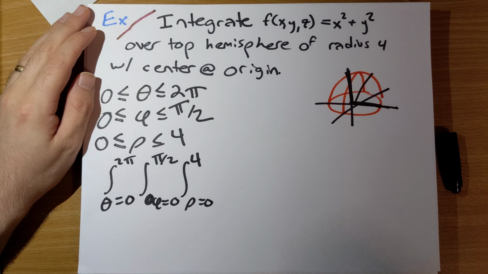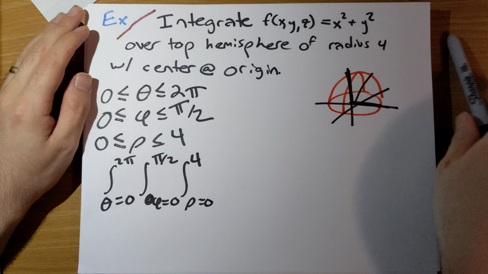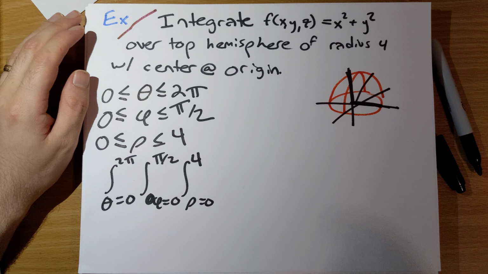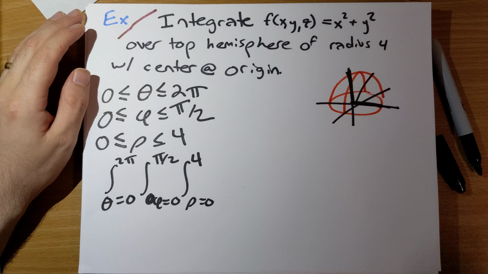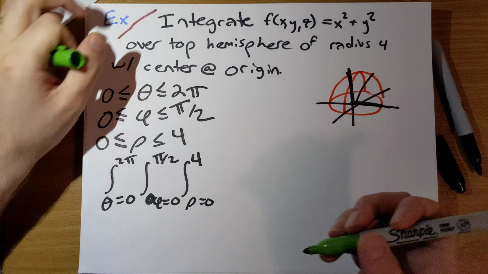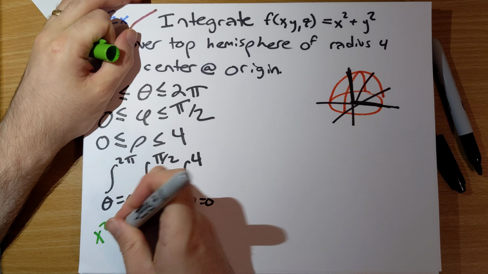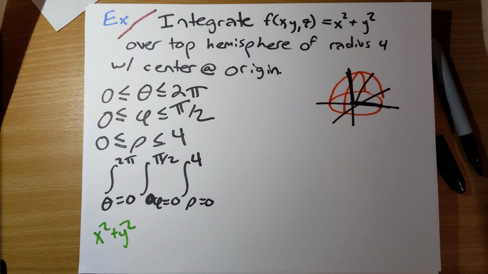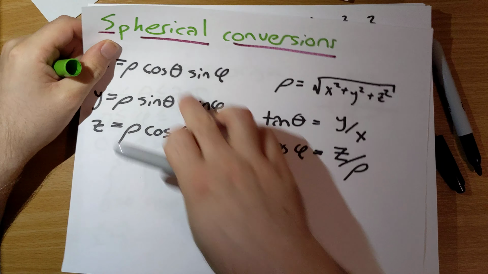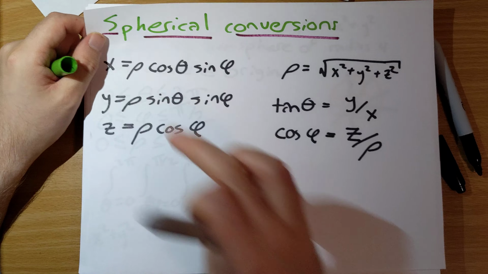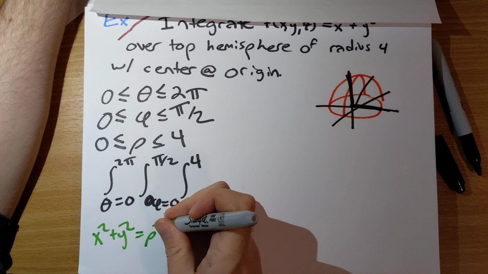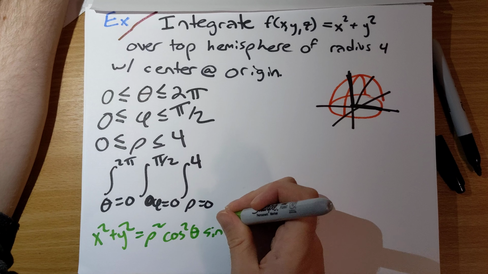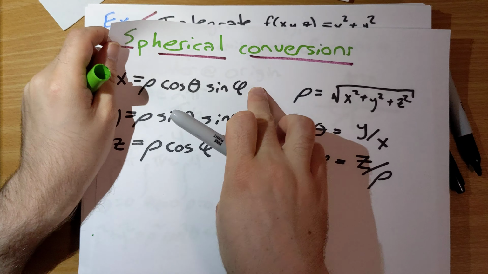Okay, so the last thing we have to do here, x squared plus y squared, we need to convert that to spherical coordinates. So x squared plus y squared, using our spherical coordinates conversion, x squared is rho squared cosine squared theta sine squared phi. I just squared that.